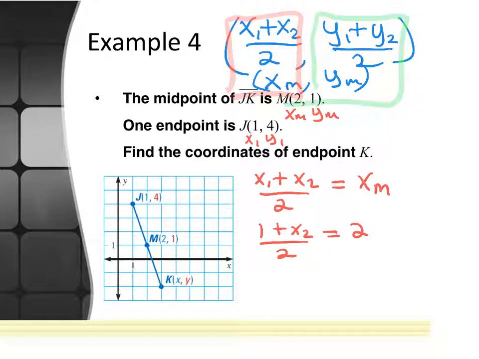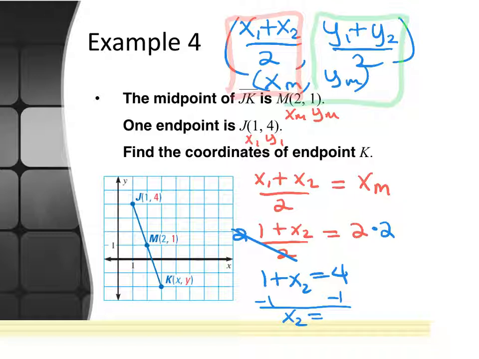So the first thing I'm going to do is get rid of that denominator. So I'm going to multiply both sides by 2. And I get 1 plus x2 is equal to 4. That little 2 is just a label. It's a subscript. I'll minus the 1. And the x of my endpoint that's missing so far is 3.